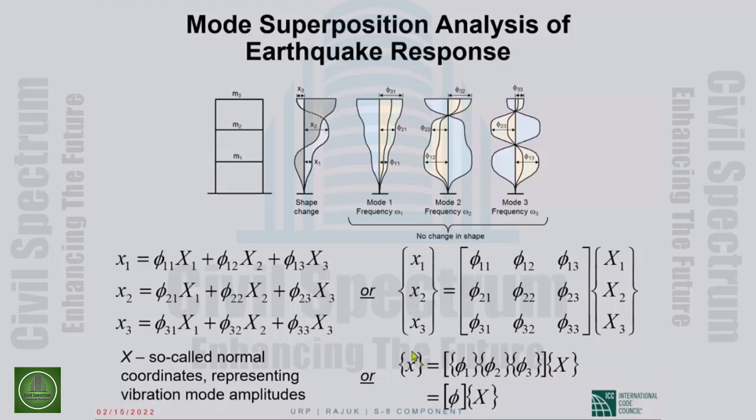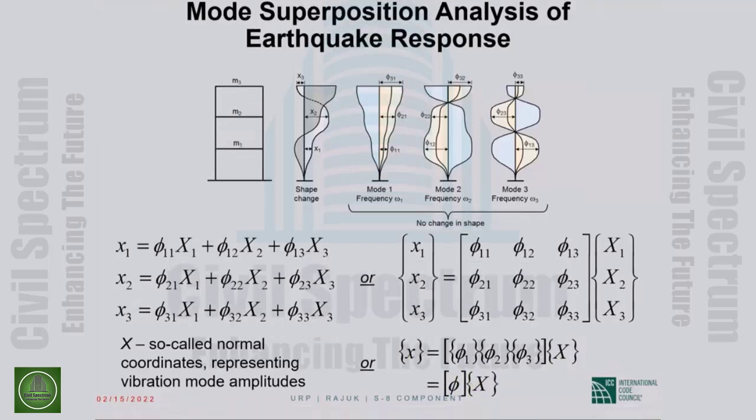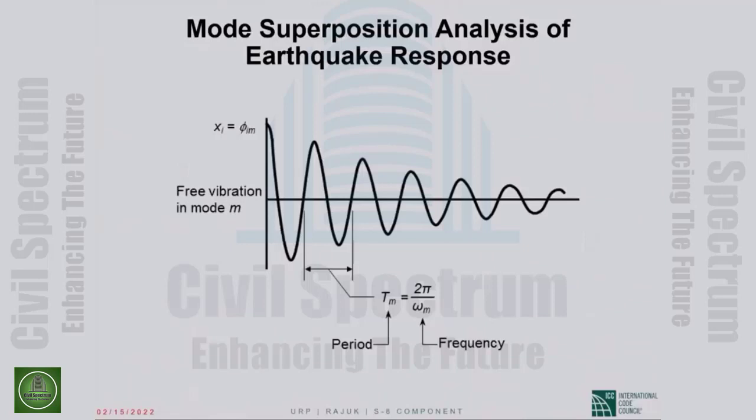So the vector of the actual displacements is the mode shape matrix multiplied by the vector of the multipliers X, the generalized coordinates, and the most shorthand version is the vector of displacements is the mode shape matrix multiplied by the vector of the generalized coordinates.